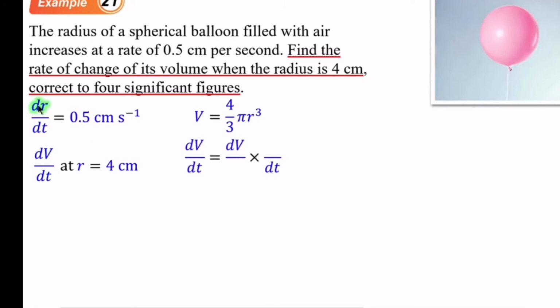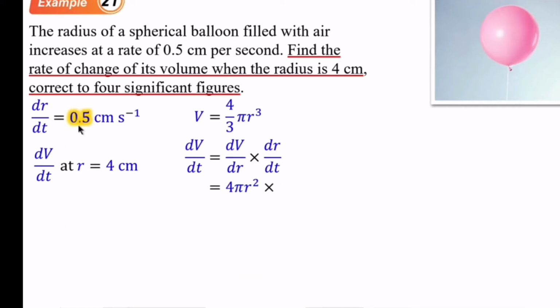We write dV/dt equal to dV/dr times dr/dt. So we differentiate the volume with respect to r, which is 3 times 4 over 3 pi r squared, which is 4 pi r squared, right?